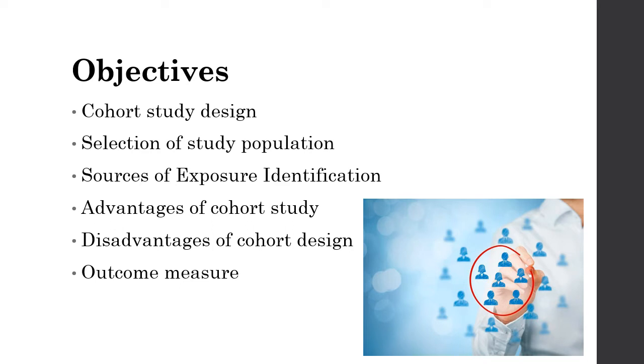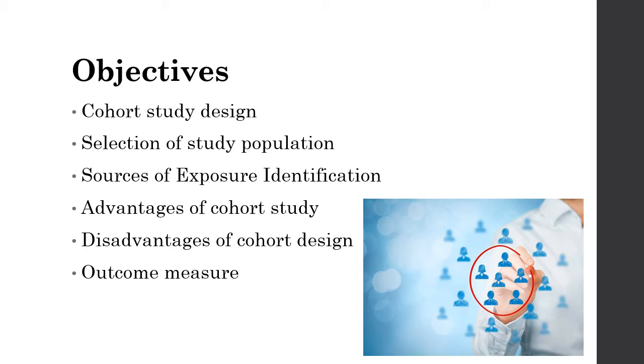So the objectives that we will be covering for today's lecture is, first, we will talk about what is a cohort study design, how to conduct it, and we'll use some diagrams to help us understand it better. And then we will talk about how do we select our study population in this type of studies, and what are the sources of exposure identification.